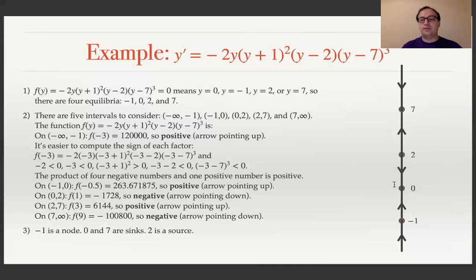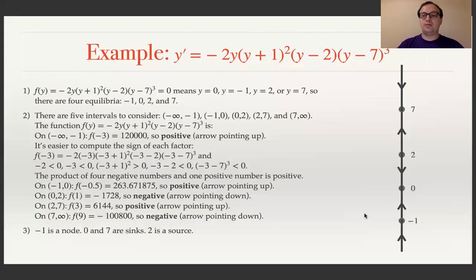So every solution that lives on an interval between two equilibria, as we'll see very soon, exists for all time and has horizontal asymptotes as t goes to plus infinity and as t goes to minus infinity.